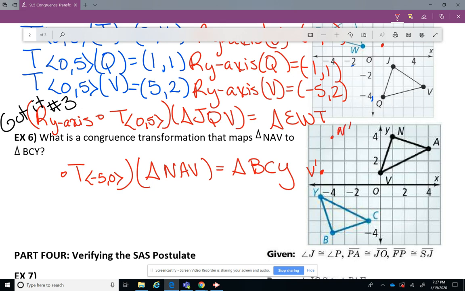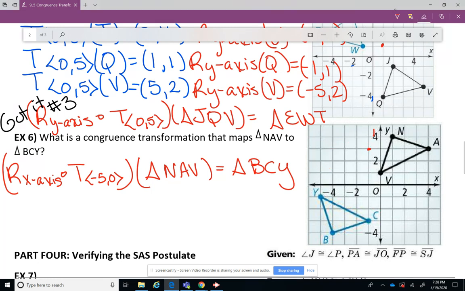That'll be N prime. And then 2, 4, 5. That'll be A prime. Yeah, this is going to work because it wasn't going to reflect the other way. And I had written it like I was going left anyway, so I don't know what I was thinking. Because if I was really going to go down, I would have written the translation like this: 0, -5. I went down and tried it, but that didn't work. All right, so this is going to work. So now I can reflect it over the x-axis, and that'll work. So we're going to say we're going to reflect it over the x-axis, and that's what we'll get. And we could do each point if you want to, like we did above, but I think you get the point.